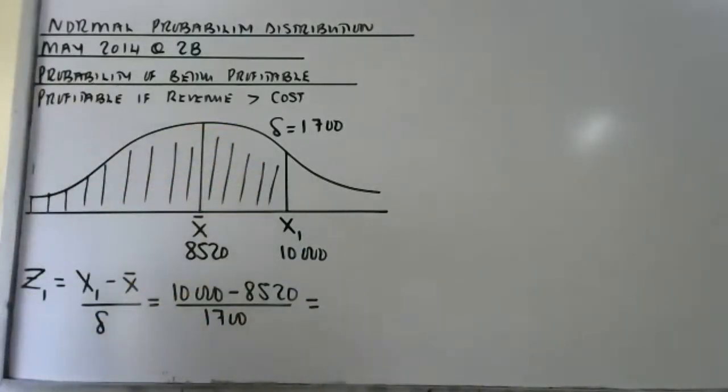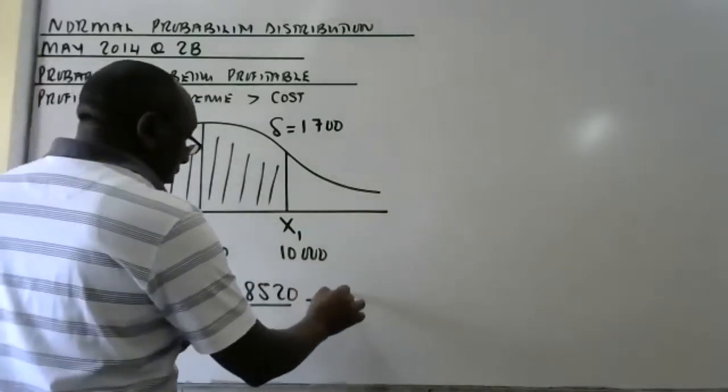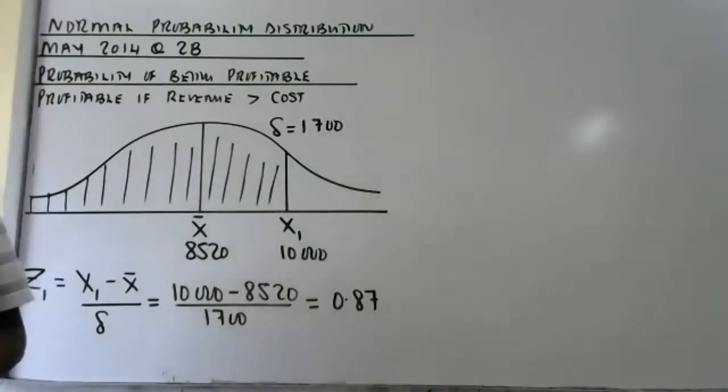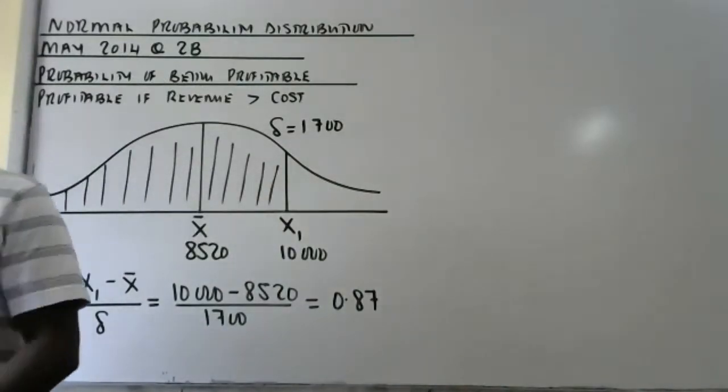We give that value to 2 decimals, so it is 10,000 minus 8,520 divided by 1,700. To 2 decimals, we get 0.87.